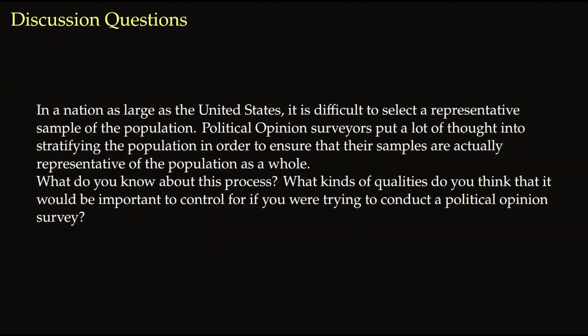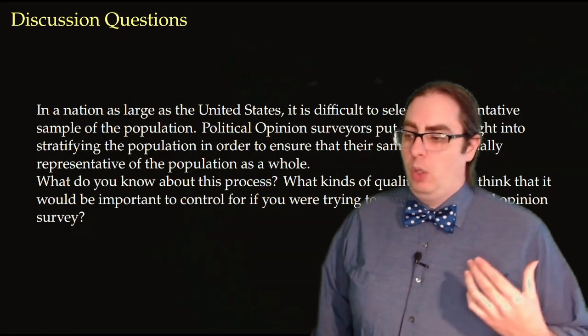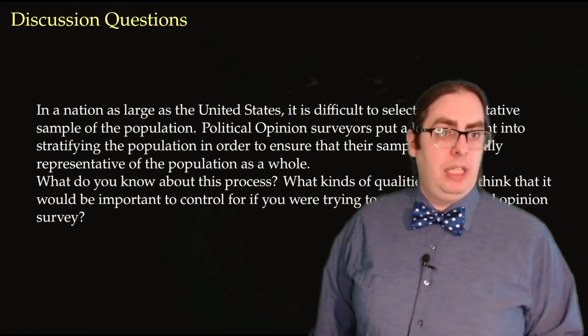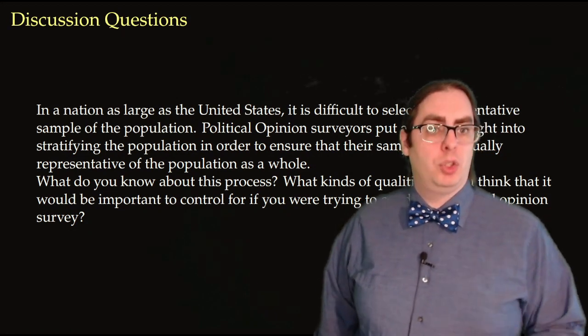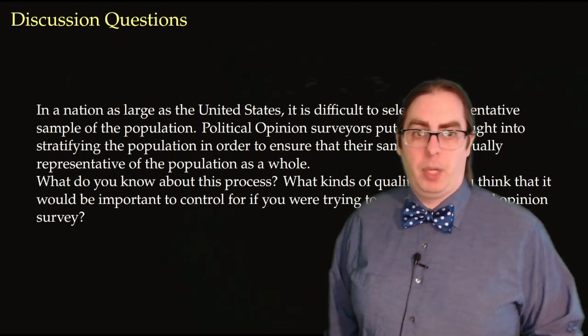If not, I want you to think about what kinds of quantities you might want to control for. What kinds of things do you want to know about the population that you're sampling to make sure that your sample meets the same proportions as the population?